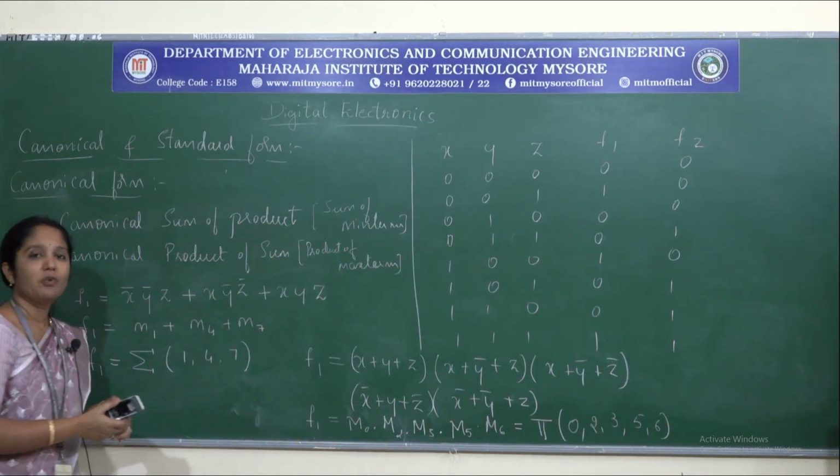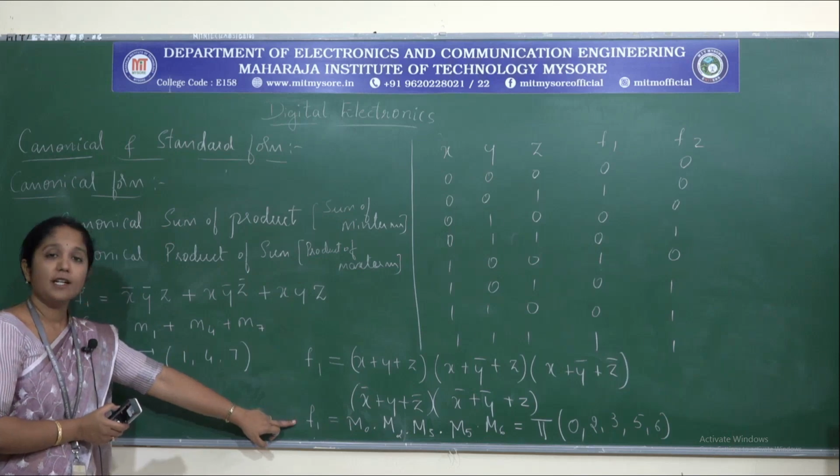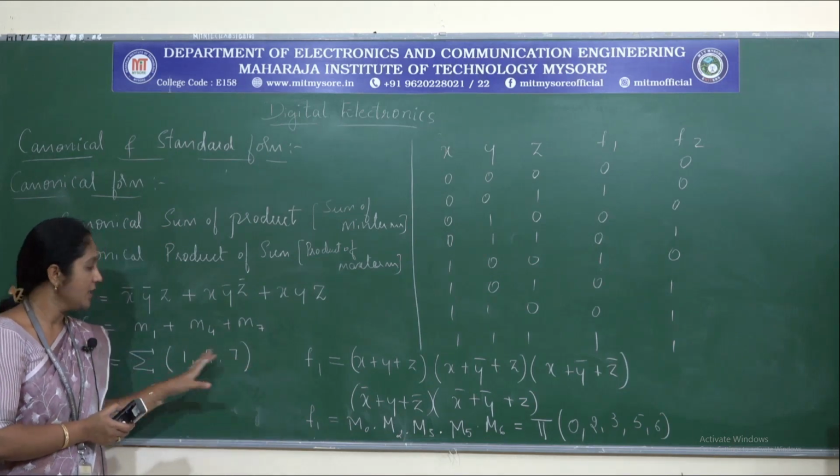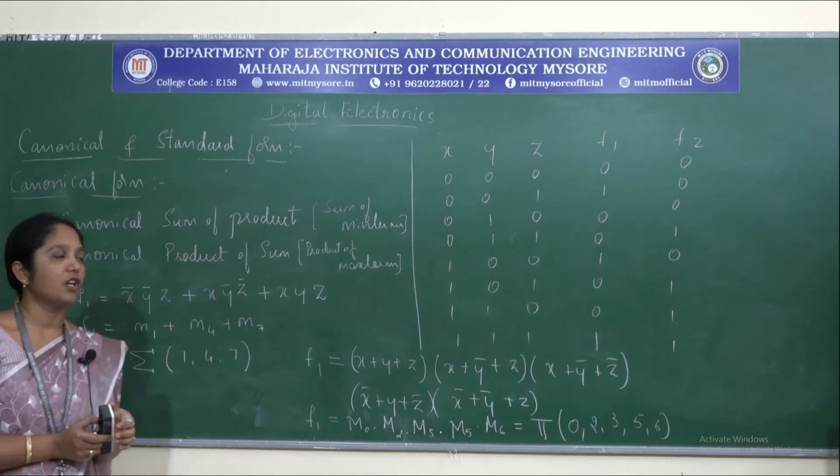So this is how we represent the same function using the canonical POS form. Similarly, we can write for F2.